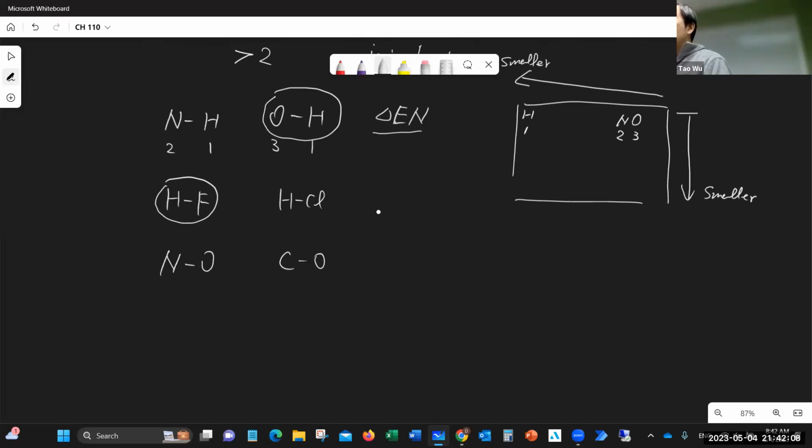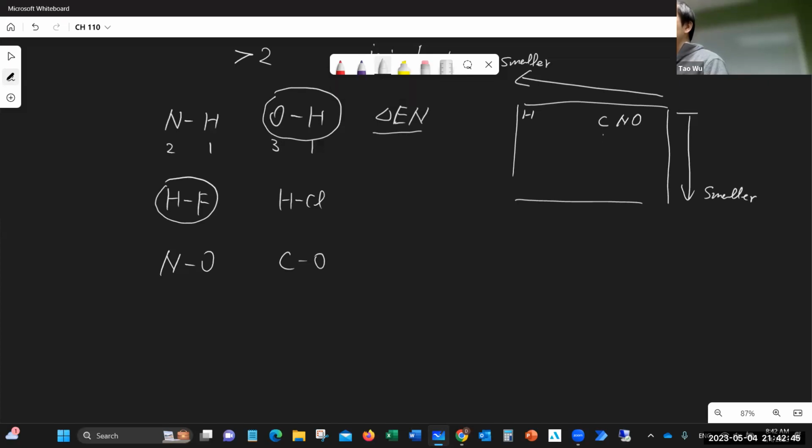What do you think? Carbon is shown over here. So here we are talking about carbon-oxygen and nitrogen-oxygen, which one is bigger? Again, if you want to use numbers, you can just mark between carbon, nitrogen, oxygen, which one is the smallest? Carbon should be the smallest because of the trends. On the left side is smaller.